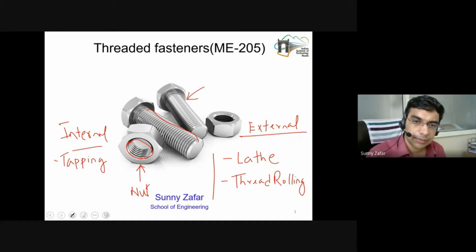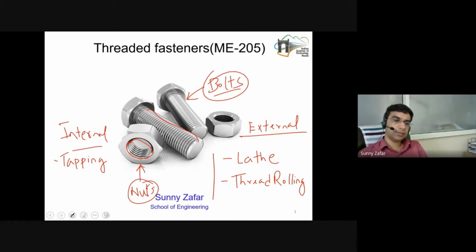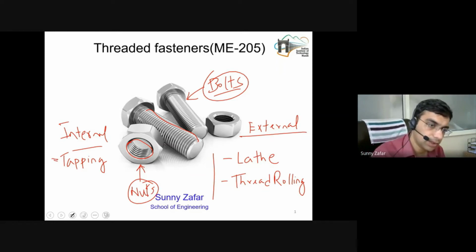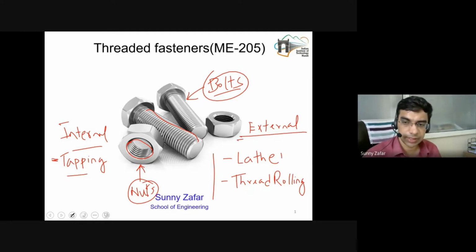This type of arrangement is known as a bolt. Nuts and bolts are very popular threaded fasteners. I am summarizing the manufacturing methods here: internal threads are made using tapping, and external threads are made using the lathe machine, that is the threading process, and the thread rolling process, which comes in the category of forming process.